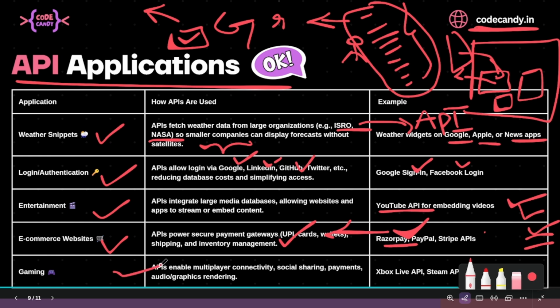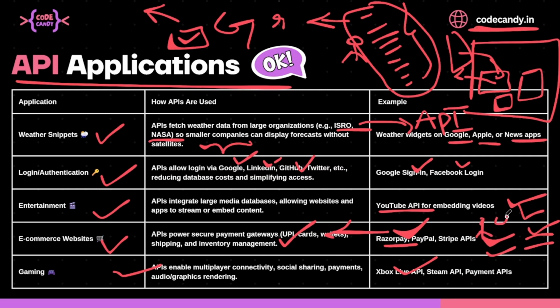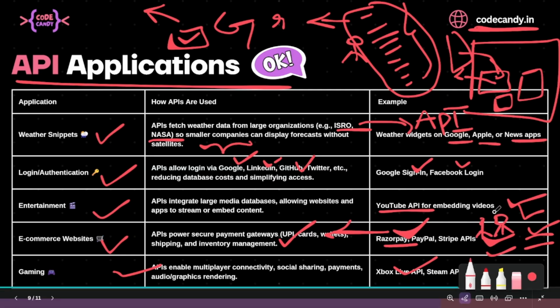Similarly, in gaming, the Xbox Live API is used. Why? If I want to show a leaderboard, who is first, who is last, my score. If I am using multiple players, like in Ludo, you will have multiple players. In your gaming app, you will not develop everything from scratch.